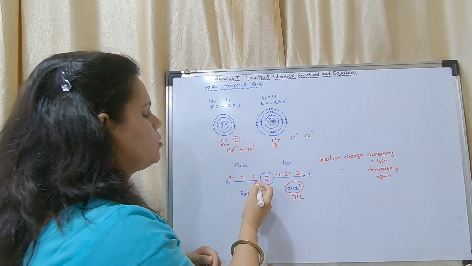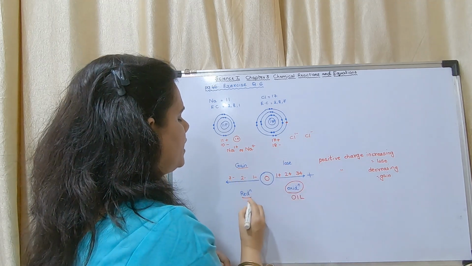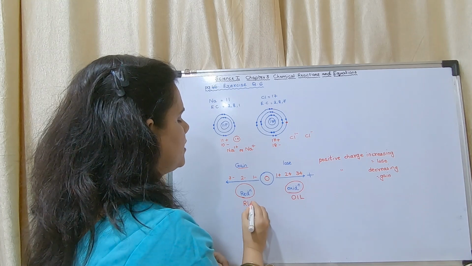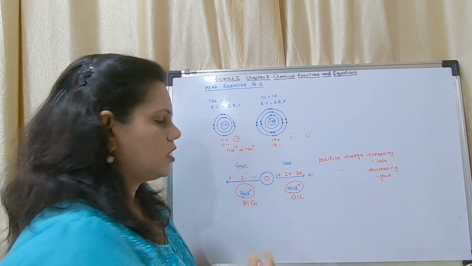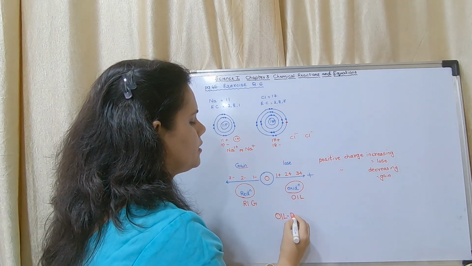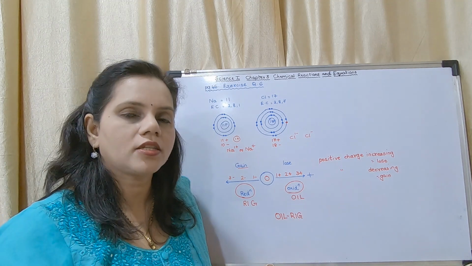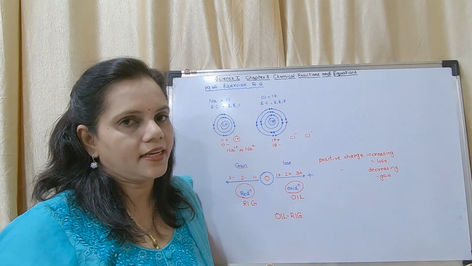So as you go this way, it is gaining electrons, and it is called reduction. So what is reduction? Reduction is gaining electrons. This is what I had told you earlier, OIL RIG. OIL RIG means oxidation is losing electrons and reduction is gaining electrons.